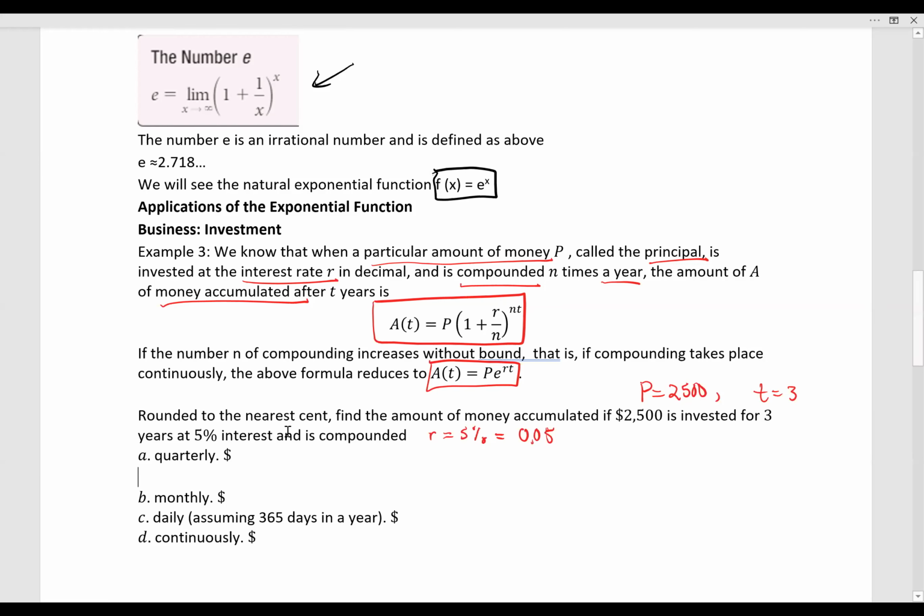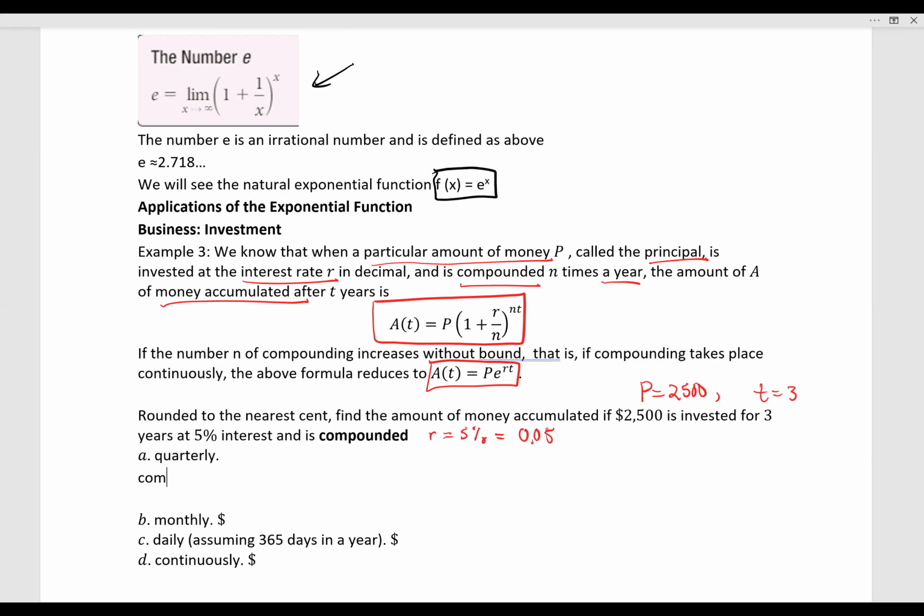Okay, so now let's talk about case A, quarterly. Compounded quarterly means it's compounded how many times a year? 4 times a year, right?